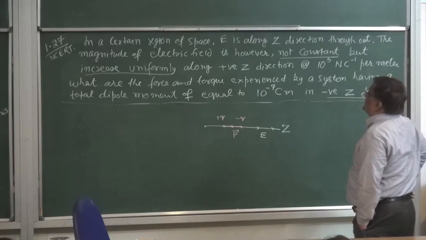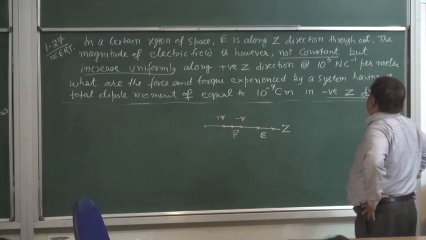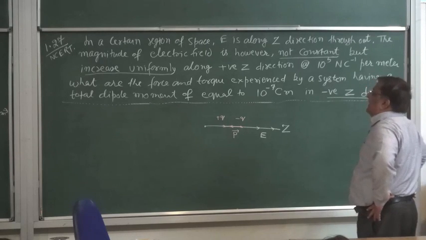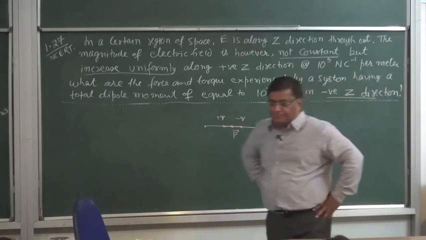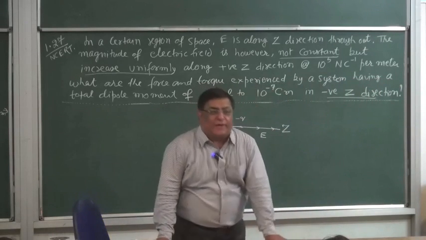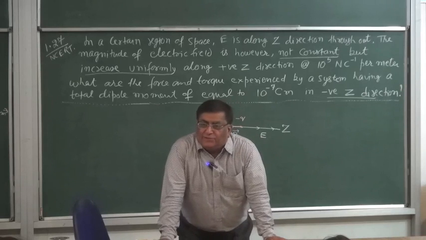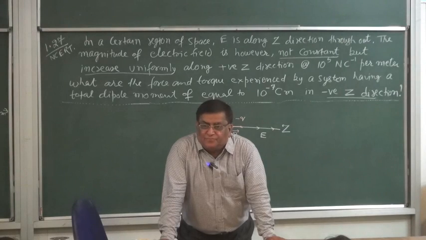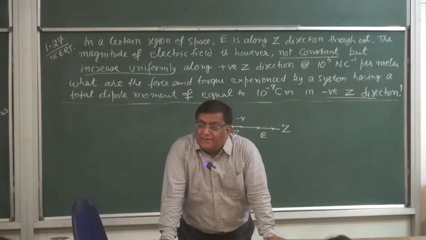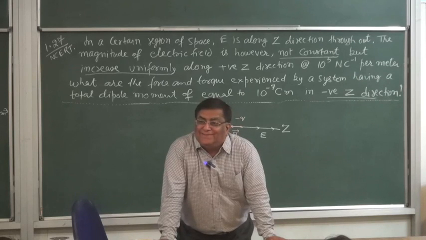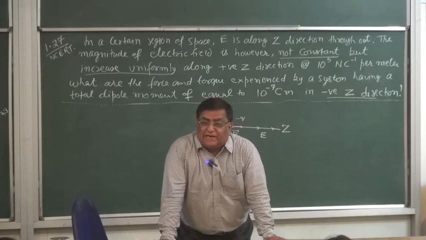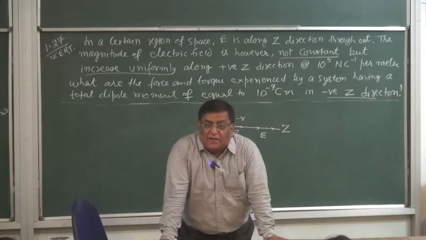10 to the power minus 7 centimeter coulomb meter in negative z direction. Okay. Then what about torque? Torque का फॉर्मूला क्या होता है? टॉर्क के फॉर्मूले में 3 फैक्टर होते हैं. बताइए कौन कौन से? सॉरी, P multiplied by, remember, PE cos theta, PE sin theta. टॉर्क के लिए कौन सा था?